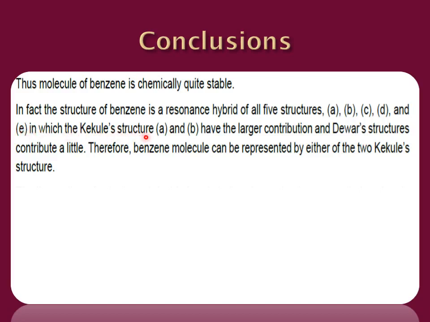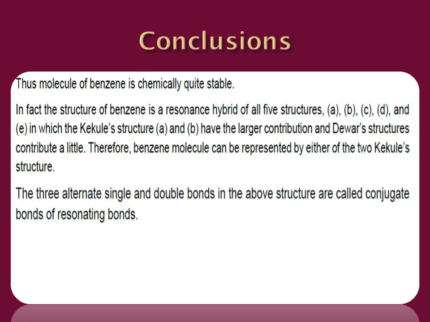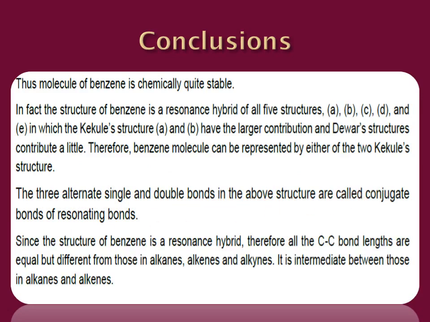The 3 alternating single and double bonds in the above structure are called conjugated or resonating bonds. Since the structure of benzene is a resonance hybrid, all the carbon-carbon bond lengths are equal but different from those of alkanes, alkenes and alkynes. It is an intermediate between the alkanes and alkenes.